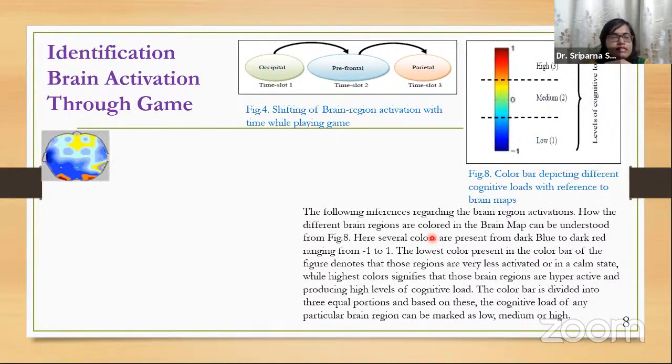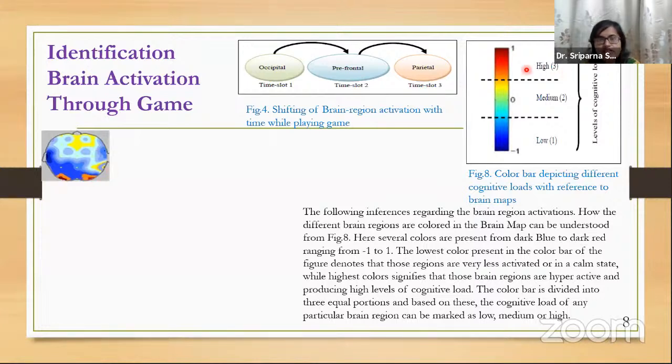So this is the brain map. In the BrainTech Traveler system itself, you can get this type of brain map. If you are not getting it, there is another software, eLORETA, from which you can also get this type of brain map. Here in the brain map, you can check this orange region.